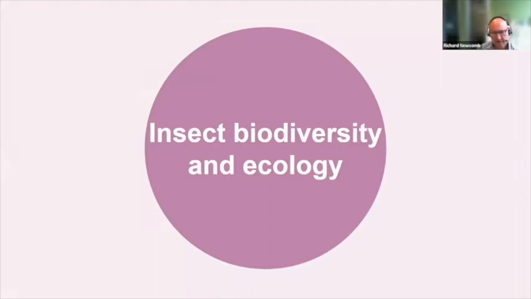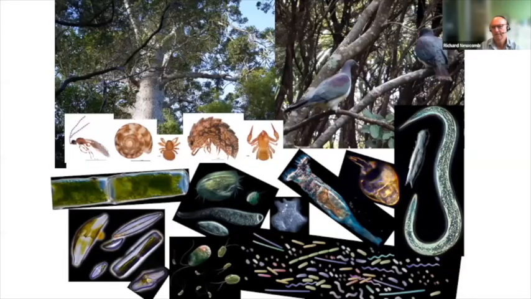Okay, so firstly, I want to talk about insect biodiversity and ecology, and there's no need to tell this audience that this is a challenging topic, and that molecular biology has been a useful tool in assessing biodiversity and asking very straightforward ecological questions about insects.